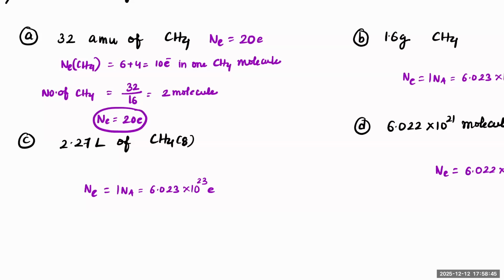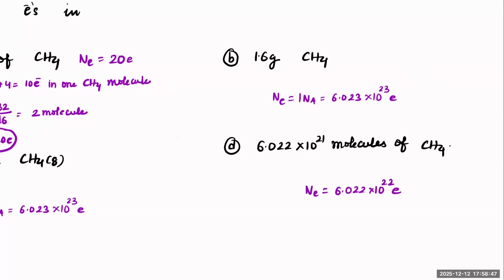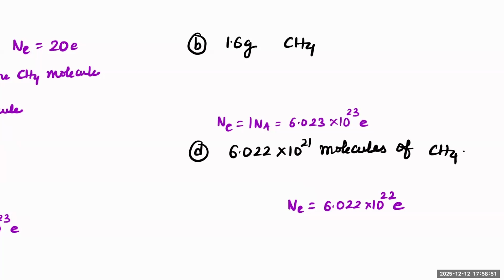If you notice the second case, 1.6 grams, the number of moles is equal to 1.6 by 16, which is 0.1 moles. So 0.1 moles means the number of electrons in terms of moles will be 0.1 into 10, which means 1 mole of electrons.